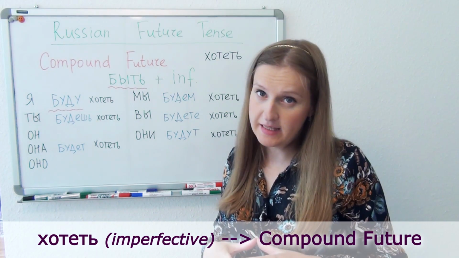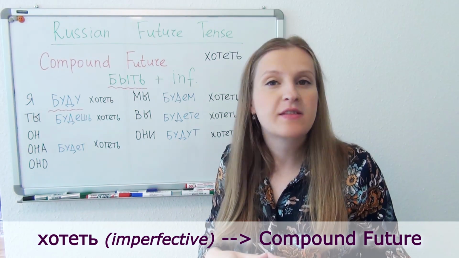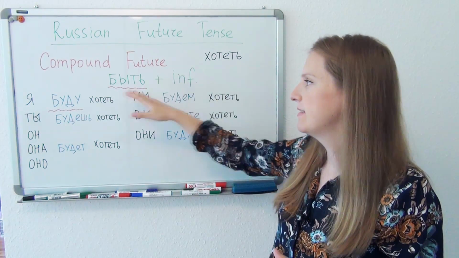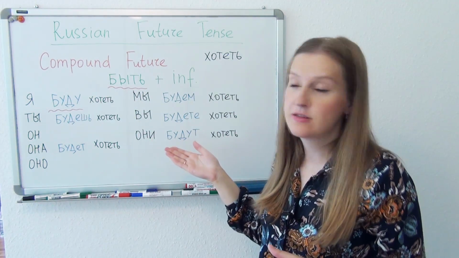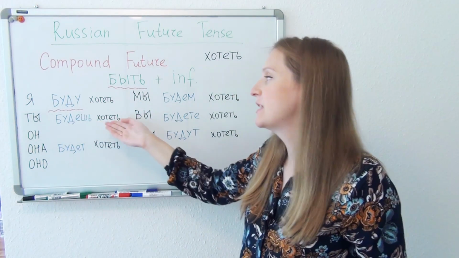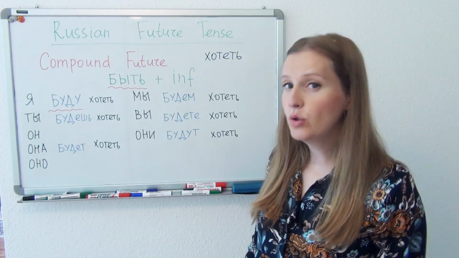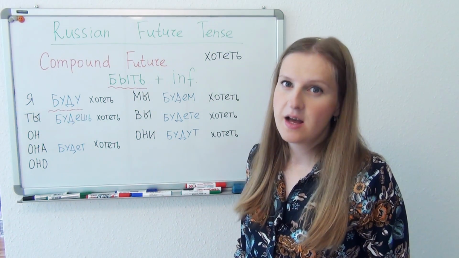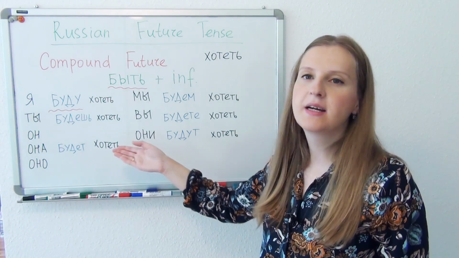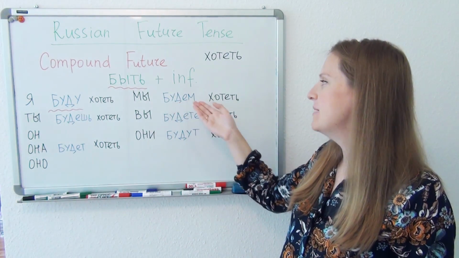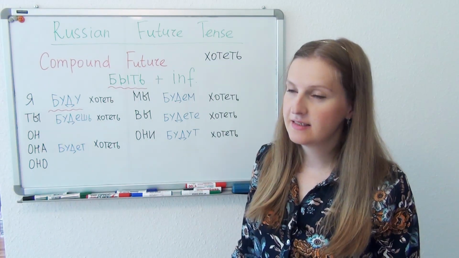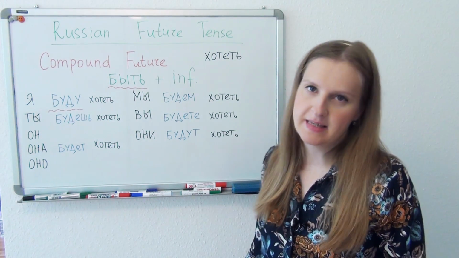With the verb хотеть, which is imperfective, everything is very simple. We just take the infinitive form and put it in each position. So we have я буду хотеть, ты будешь хотеть, он будет хотеть, она будет хотеть, оно будет хотеть, мы будем хотеть, вы будете хотеть, они будут хотеть.